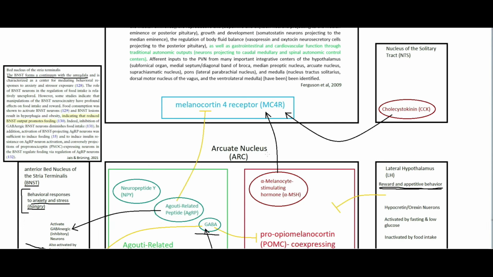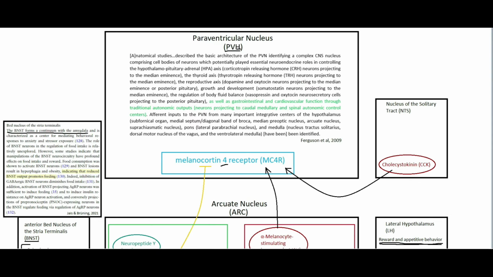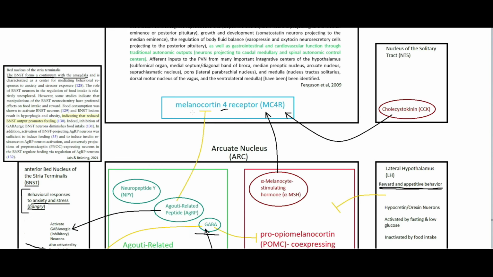And so they both signal to this melanocortin 4 receptor, also the melanocortin 3 receptor, but for simplicity I just put the 4 one here. So the stop eating actually activates the melanocortin 4 receptors in the paraventricular nucleus, where the start eating inhibits those.